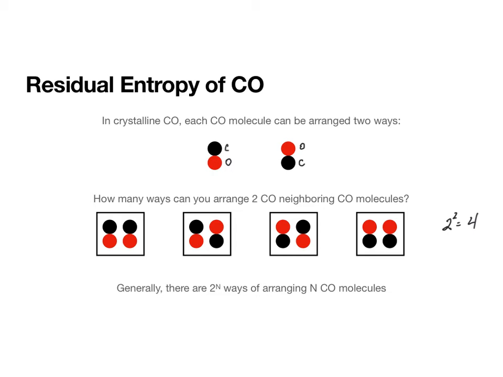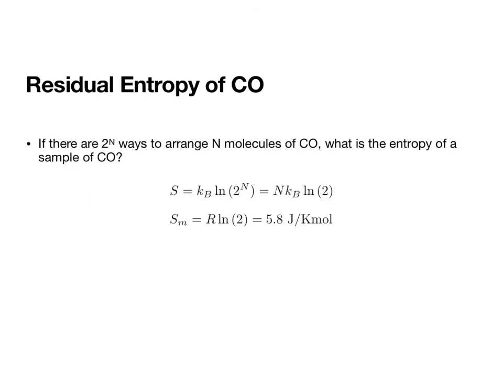Now, if we have n number of molecules, any number, it turns out that there are 2 to the n number of arrangements of these molecules. So since there are 2 to the n number of ways, we can plug this in where this is omega, and we can use our S equals k log omega equation. We can rearrange things.